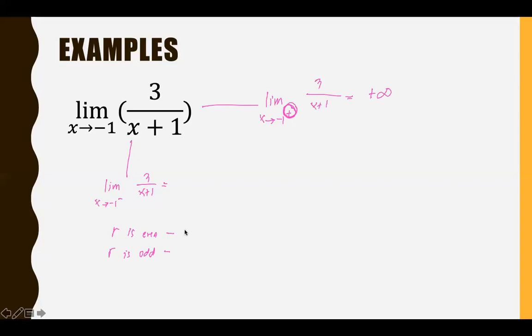If r is even, it will be positive infinity, and if r is odd, it will be negative infinity. If we rewrite this, it will be 3 all over x plus 1 to the power of 1 as x approaches -1 from the left. Coming from the left, r is equal to 1, and it is an odd number. So if it is an odd number, automatically it's equal to negative infinity.